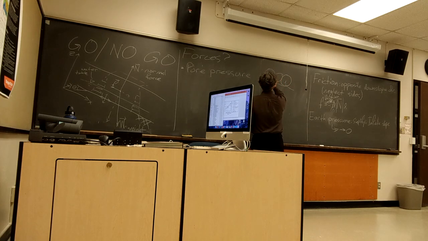However, once I put water pressure in here, which acts in all directions, right? That's going to take some of that weight off of the grains. Some of that normal force is going to be transmitted through the water rather than through the grain-to-grain contact.